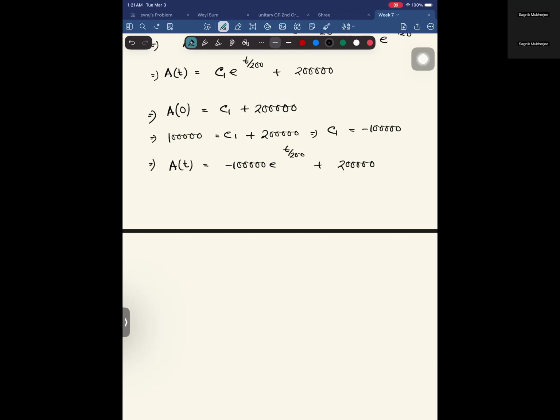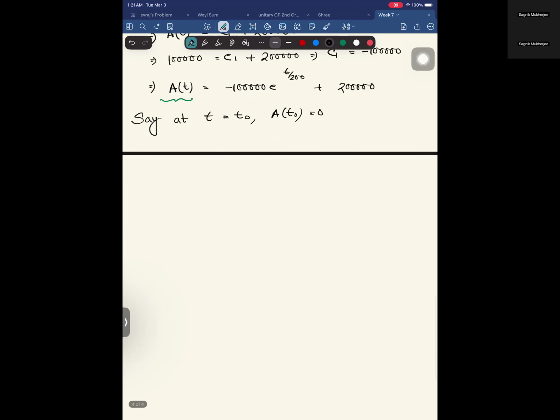Okay, now you want this left hand side to be 0. So say at t equals t0, A(t0) is 0. So plug in t0 in this equation, right? That means 0 equals negative 100,000 e^(t0/20) plus 200,000.